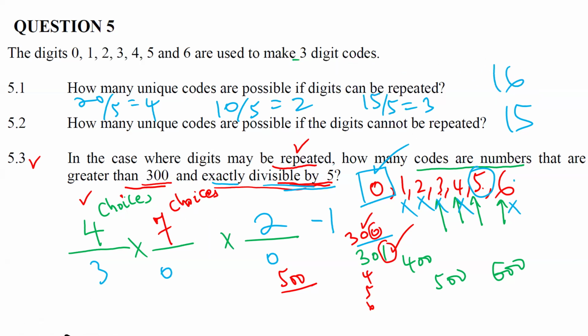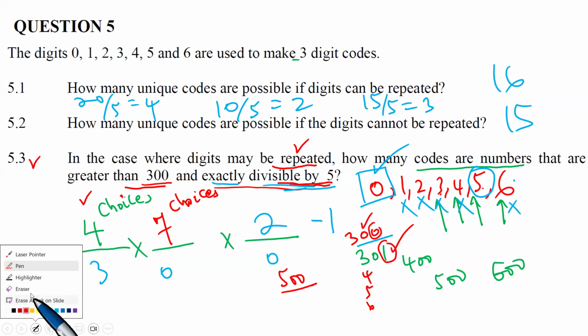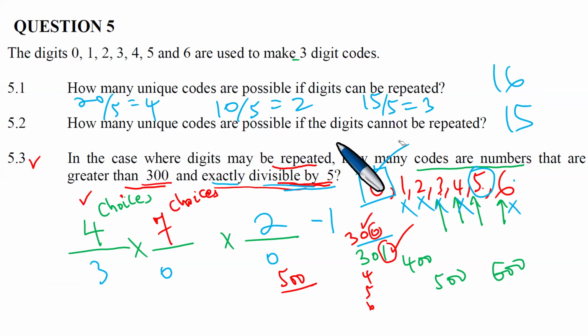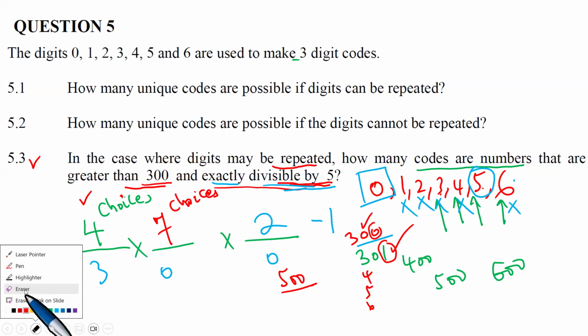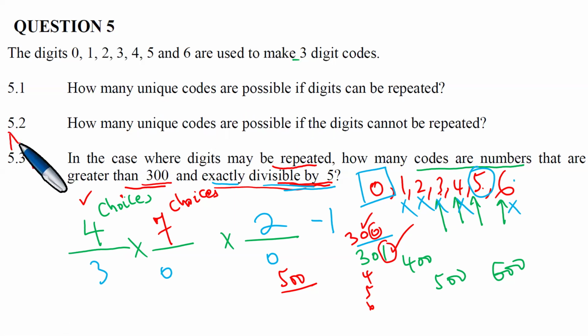So it means that the number of codes in 5.3, this is probability theory. Number of codes. So you need to reason logically. Number of codes required.